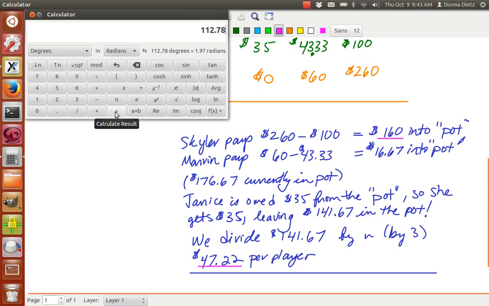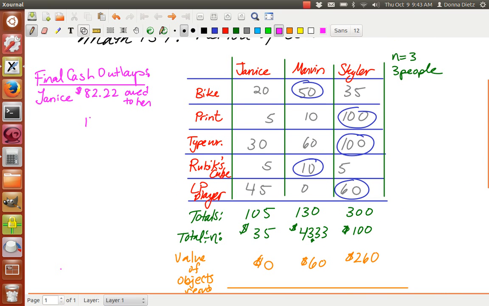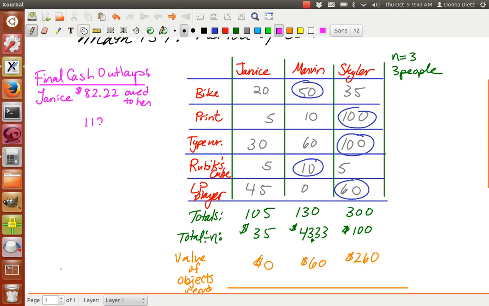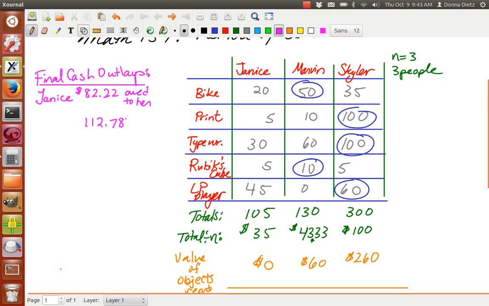And then you get $112.78. Okay, this is Skylar's amount owed.